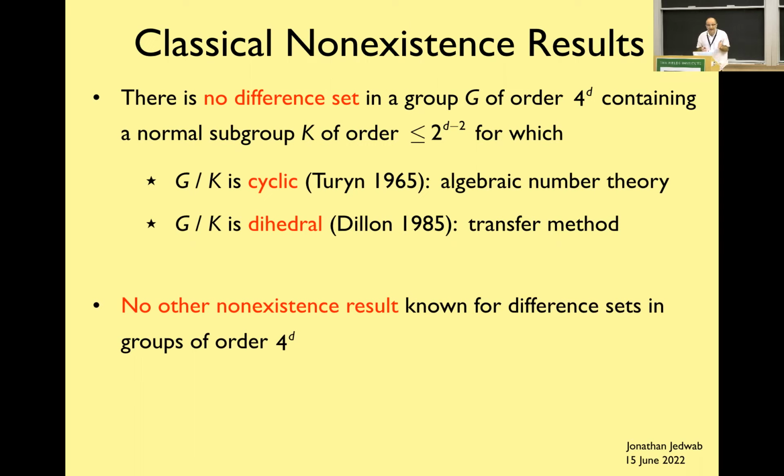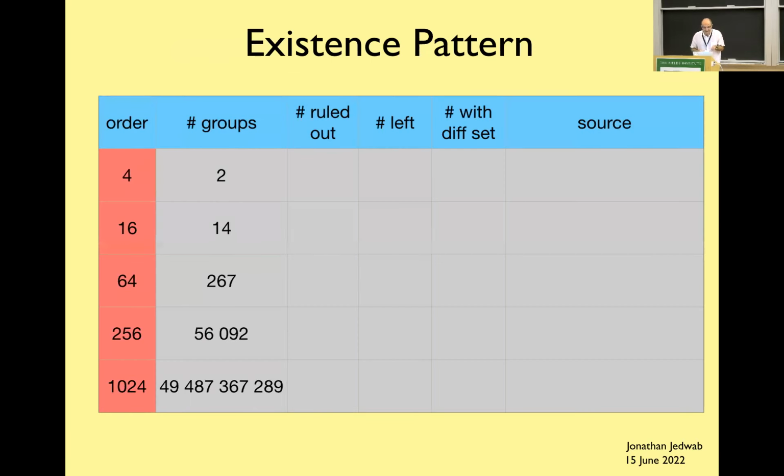So you may say, okay, how many groups do these two results rule out? Well, let's take a look. So there is the number of groups, and if we apply those two non-existence results, we knock out a relatively small number of groups, only 43 of the 56,092, and we don't have a database of these, and I certainly am not smart enough to tell you how many of these groups get knocked out if I exclude cyclic and dihedral quotients of a certain size.